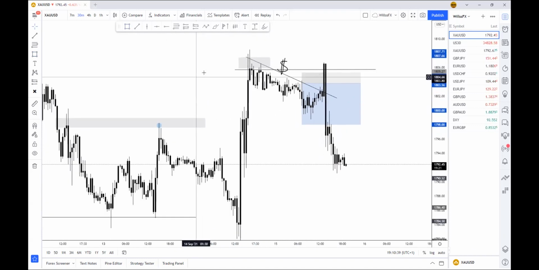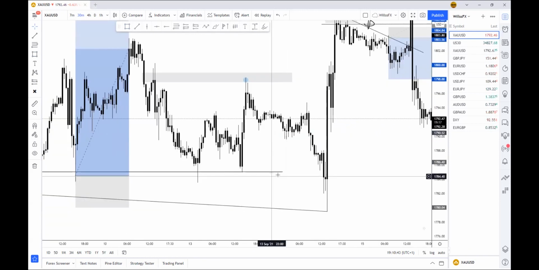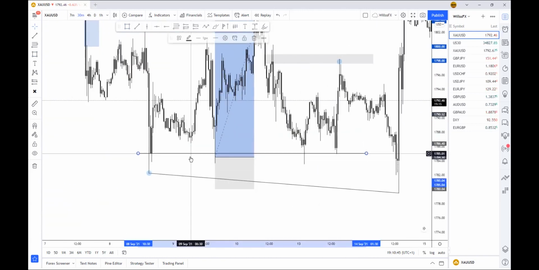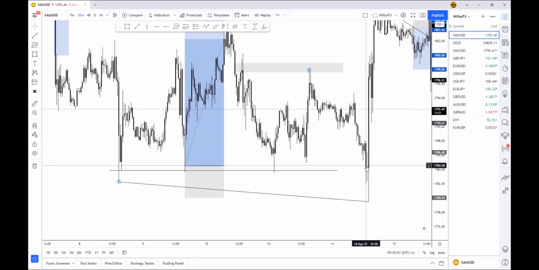Liquidity, the easiest way to spot it is you have a lot of wicks. So like down in this area down here. So you see if we line this up here, wick, wicks, wicks, wicks. And what did price do? It came down before the news, grabbed the liquidity below the area, and then price moved in the original direction.